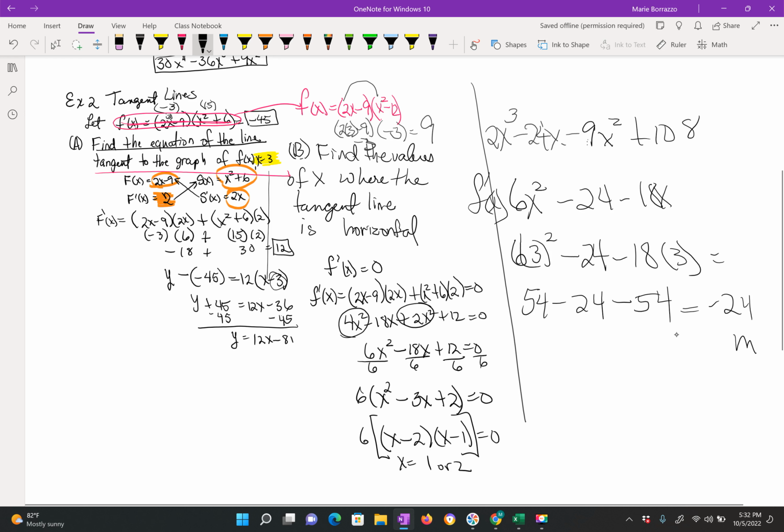So you have your slope, you have your y term. Based on our previous value, this is y minus positive 9 is equal to negative 24 times x minus 3, because remember we use the same value. And so distribute.